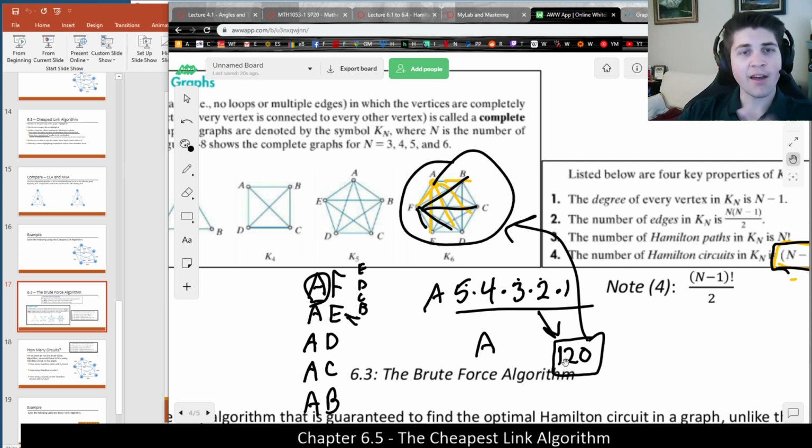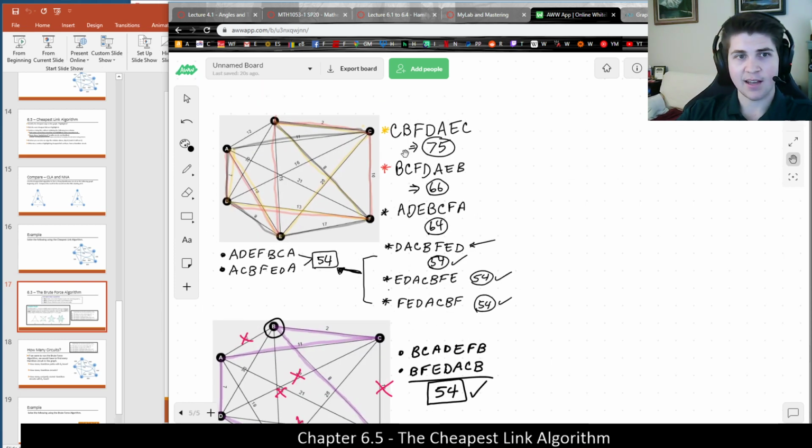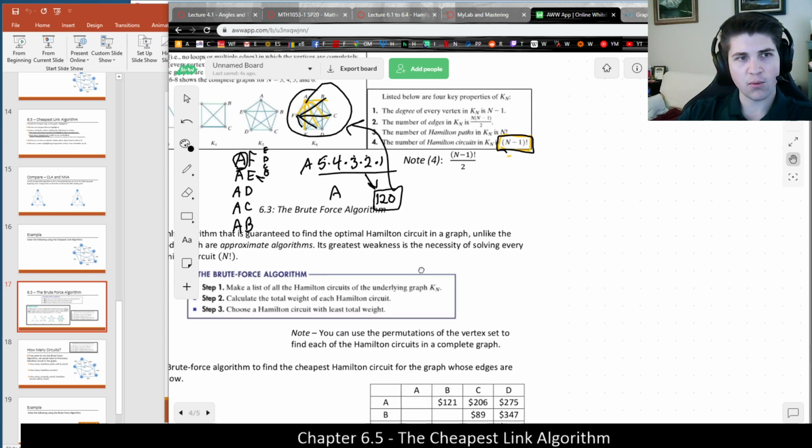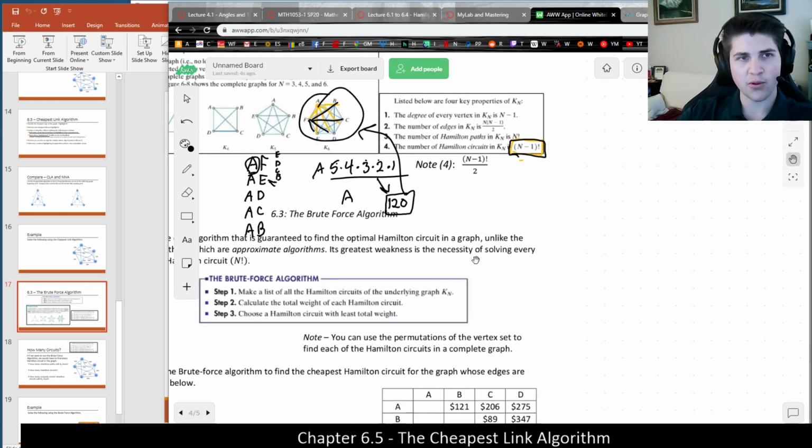So if we thought that the repetitive nearest neighbor algorithm was bad, where we had to find 6 options and choose, in my opinion, that was more than enough work. We're going to have to find 120 if we were going to do brute force. Obviously, I'm not going to do that here because that would take forever, and I would hate my life, and you would too. But I just wanted to get at the gist of what is the issue with the brute force algorithm.